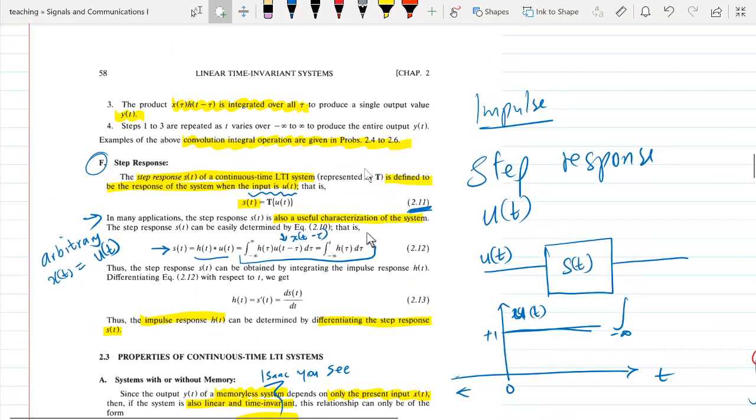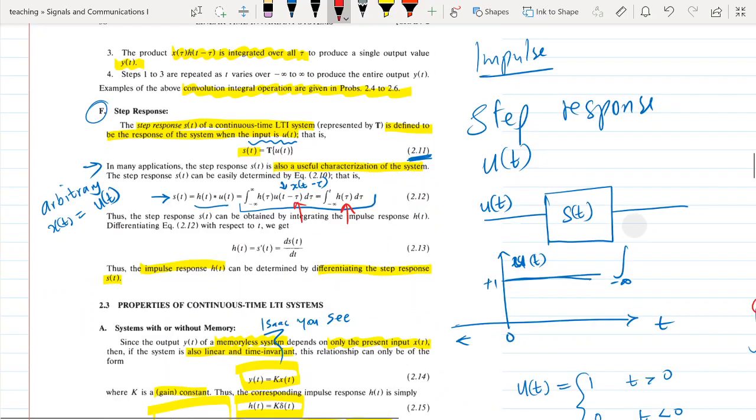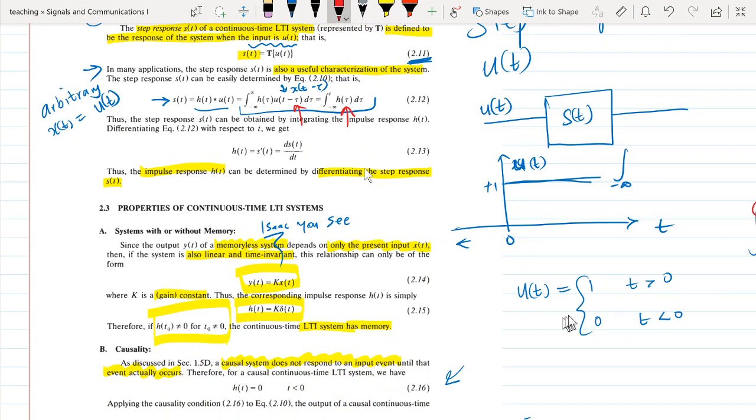We are describing how you can transition from having this equation to becoming this, and the idea is just remember that u of t is defined as being equal to 1 when t is bigger than 0, and it is 0 when t is less than 0.